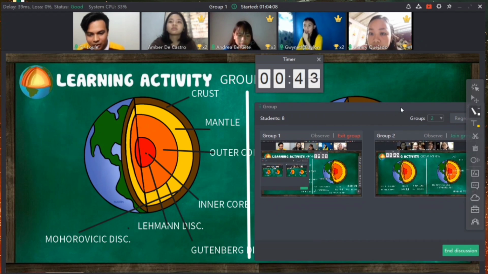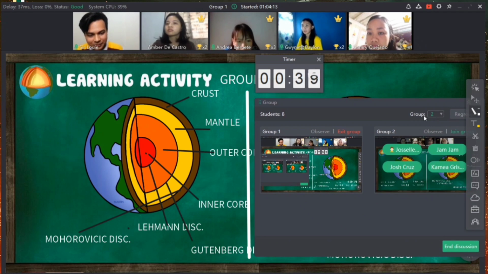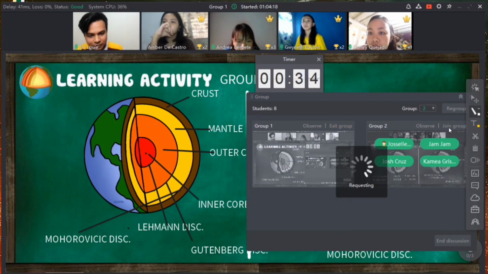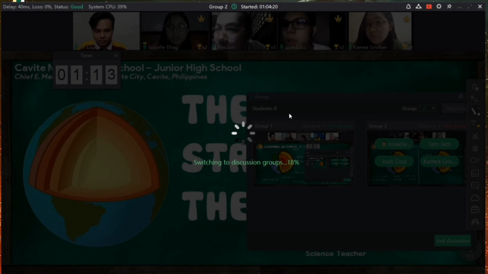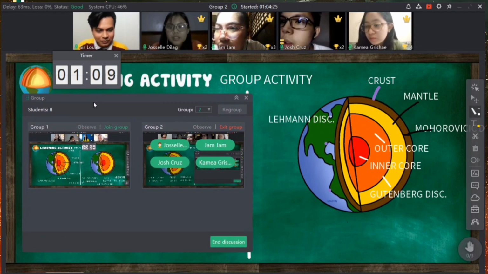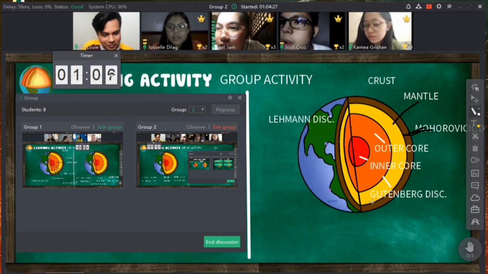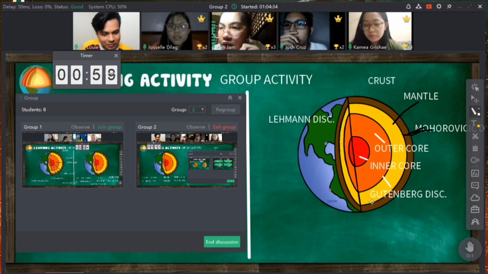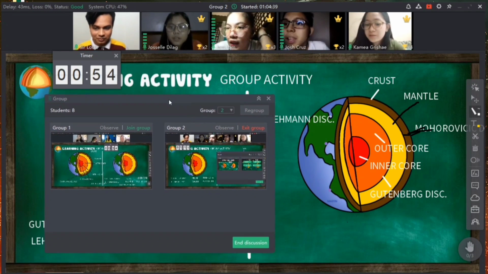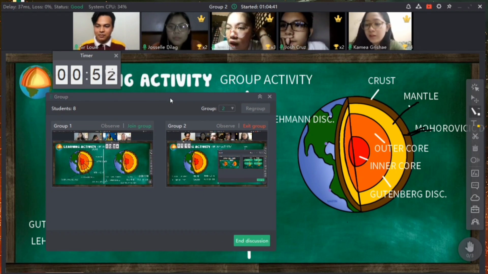Okay, you can review your work. Ito yung inner core. Pabura yung violet line. Straight line di ko kaya eh. Hindi pwede yata sa phone. Burahin mo.